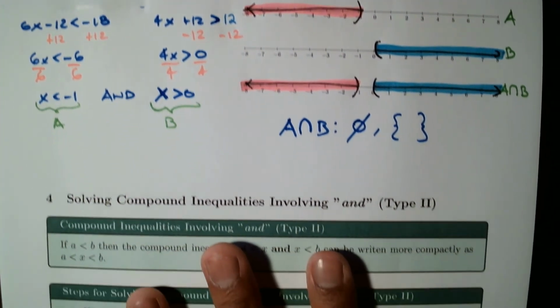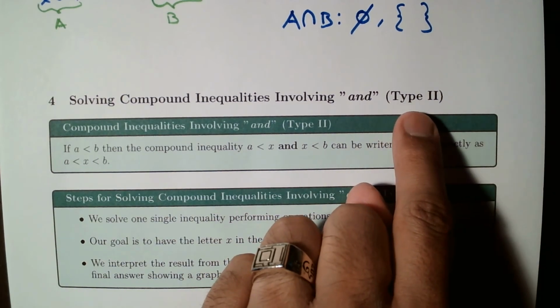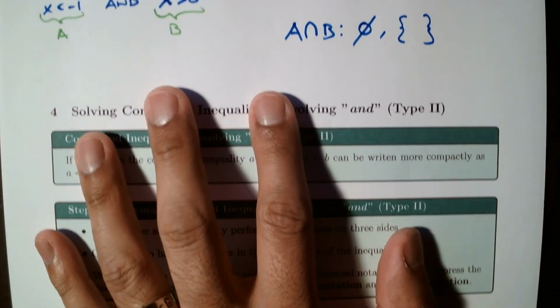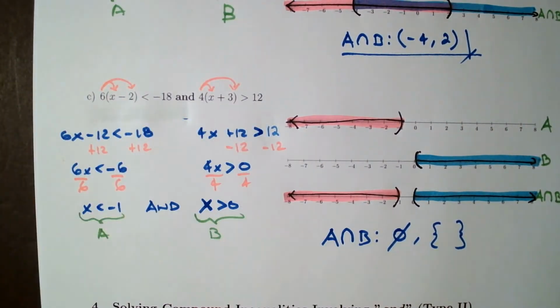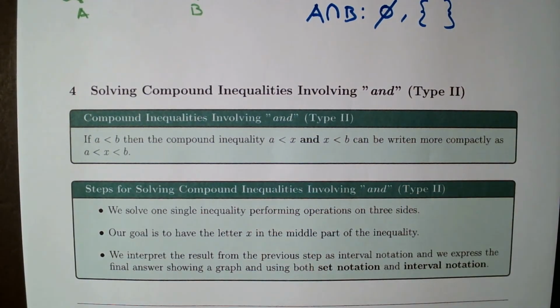Alright, so we're going to solve compound inequalities involving AND, but what I'm going to call type 2. The other one was called type 1, because in that case they were broken into two pieces. The compound inequalities in type 2 look more compact and are actually way shorter to solve.